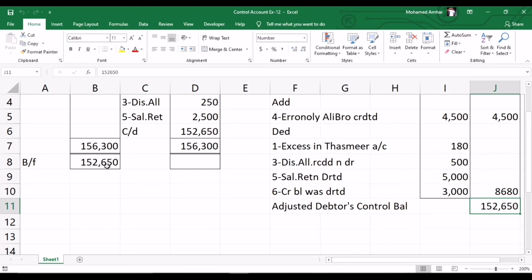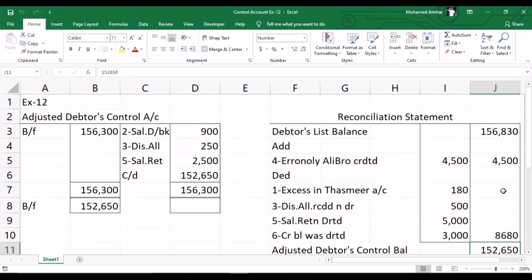Now this amount, 8,680 in total, should be deducted and this 4,500 should be added.